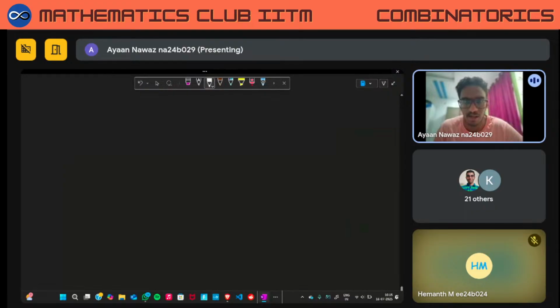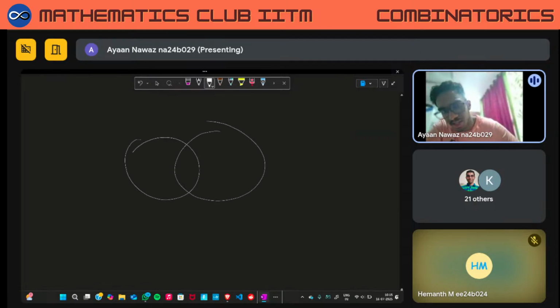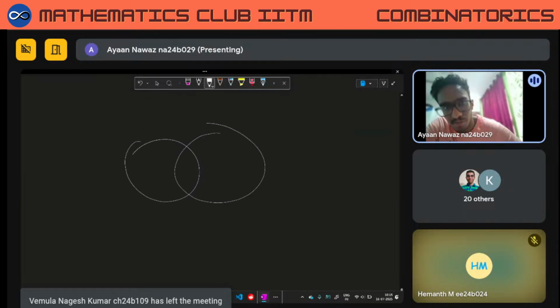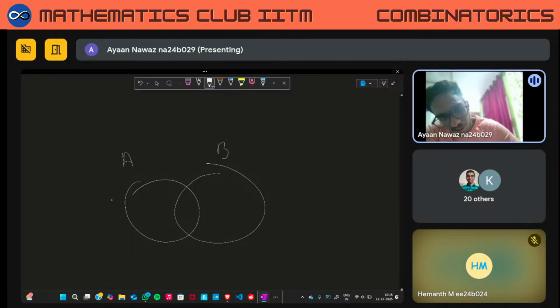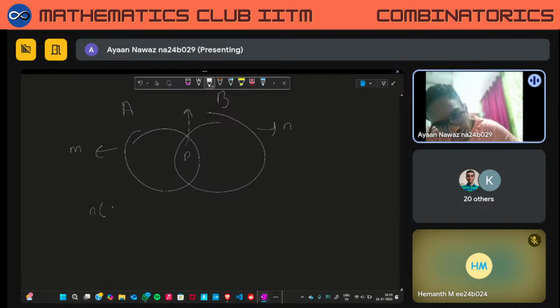The best way to visualize sets is by a Venn diagram. More than three sets are difficult to visualize in a Venn diagram. So take two sets, set A and set B. Suppose set A has m elements, set B has n elements, and A intersection B has p elements. Now n of A union B is not m plus n.